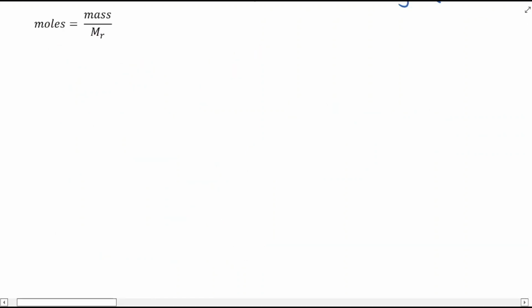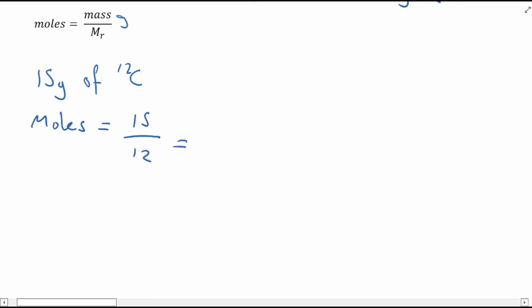So moles are essentially calculated by getting the mass in grams and dividing it by the Mr in grams per mole. So if I have 15 grams of carbon 12, then the moles I'm going to have is equal to 15 divided by 12.